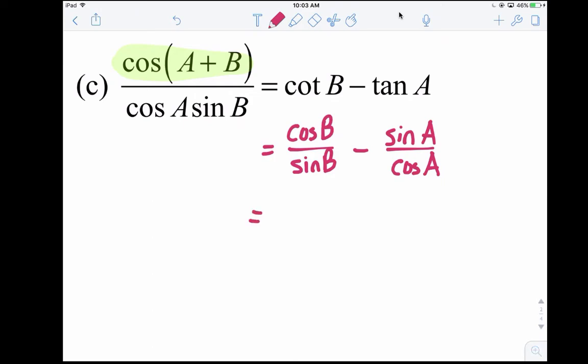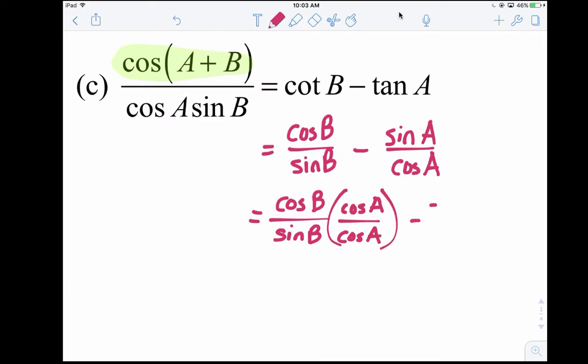So I need to multiply by a common denominator. So the first term I'm going to multiply by cosine of A, and then the second term I'm going to multiply by sine of B.